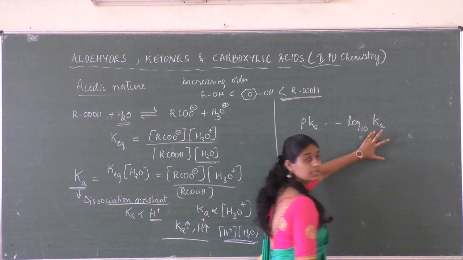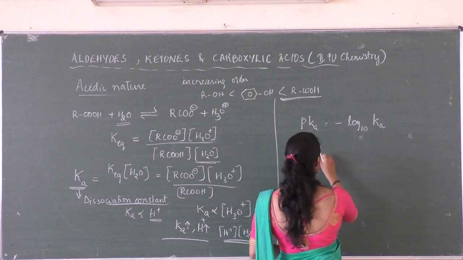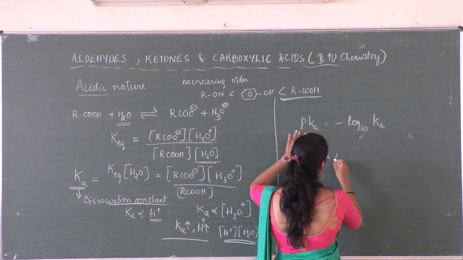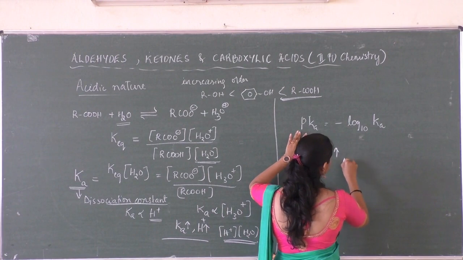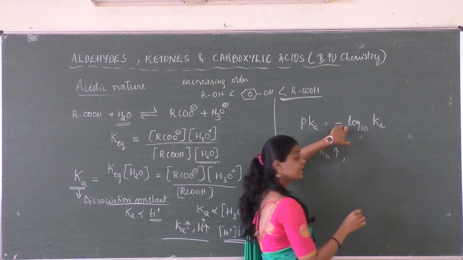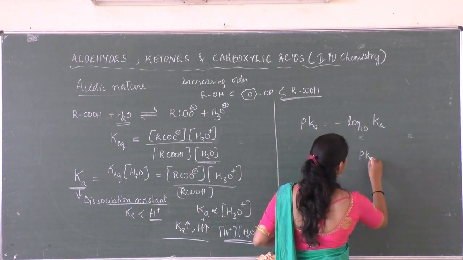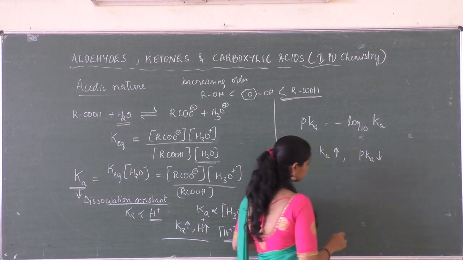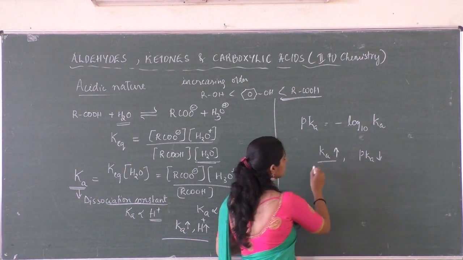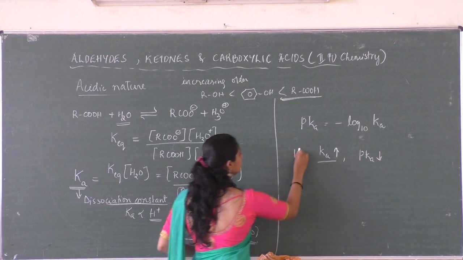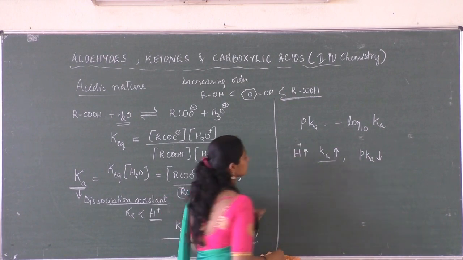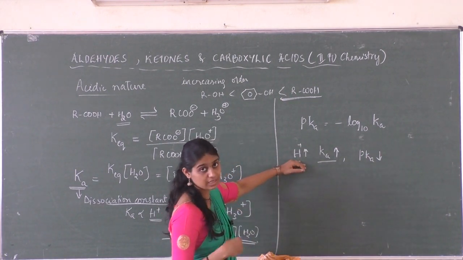With the increase in the Ka value, what happens to the pKa value? It should decrease due to the negative sign. So the pKa value decreases. Increase in Ka means that H plus also increases. The concentration of H plus ion increases.